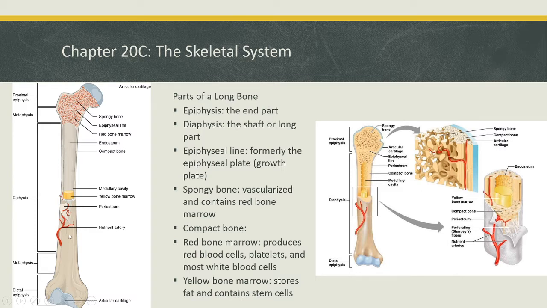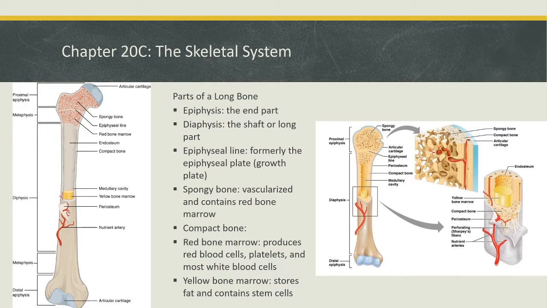And then the long shaft in between is the diaphysis. That's that term there. So epiphysis, the ends, diaphysis, the shaft or the long part. Then this line right here is the epiphyseal line, and it would be called the epiphyseal line in an adult.